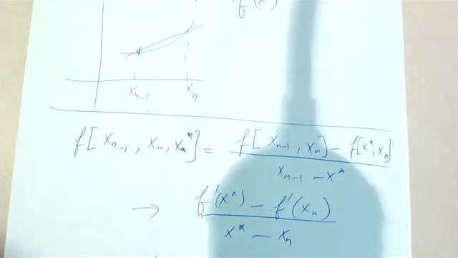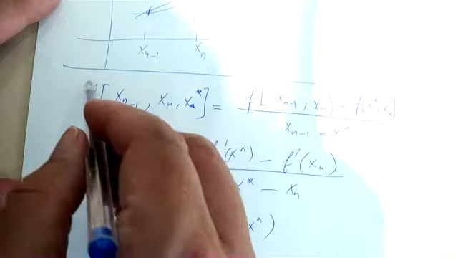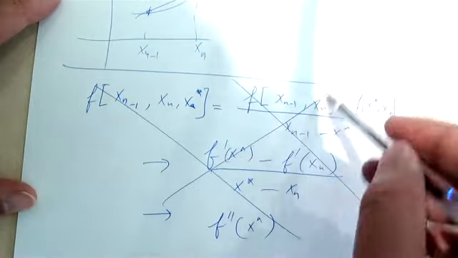Where does the 1/2 come from? Well, maybe you can think in terms of the Taylor polynomials. So maybe this one is not a valid reason.